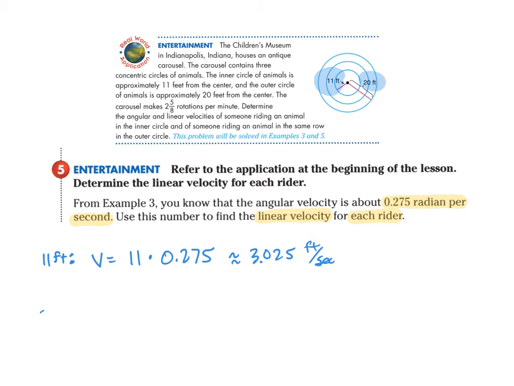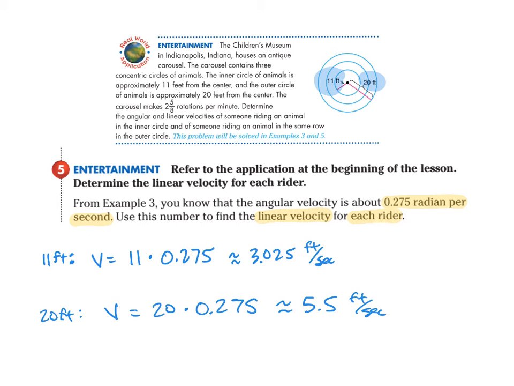And then at 20 feet, my computation is V equals 20 times 0.275. And when I multiply that out, that becomes something like 5.5 feet per second.